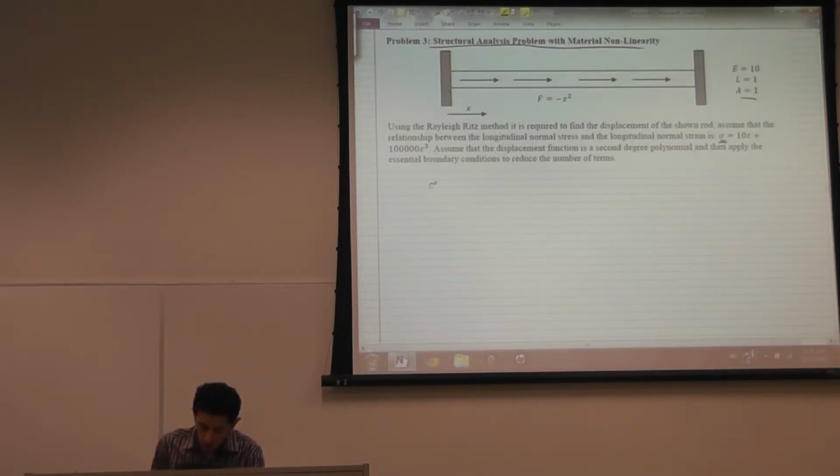The stress is not directly proportional to the strain. The stress is equal to 10 multiplied by the uniaxial strain plus this number times epsilon. It's a nonlinear relationship.